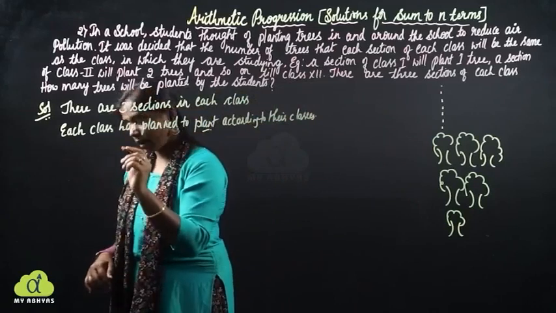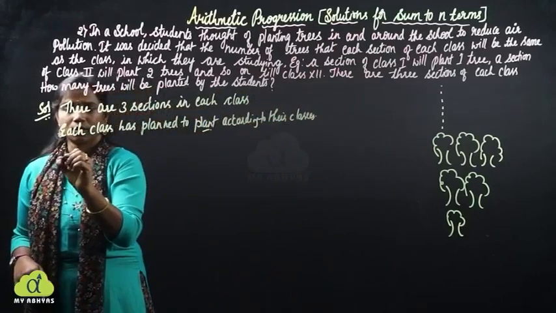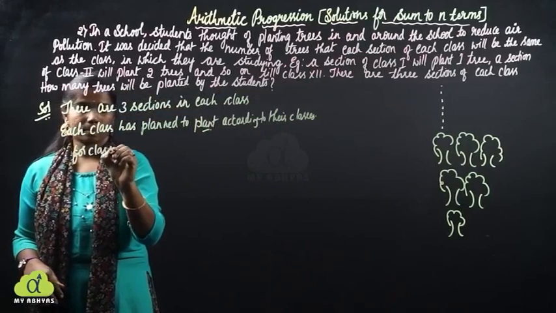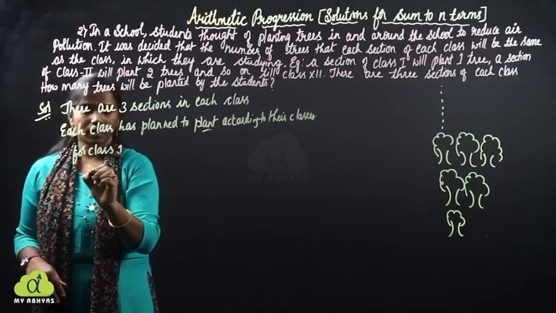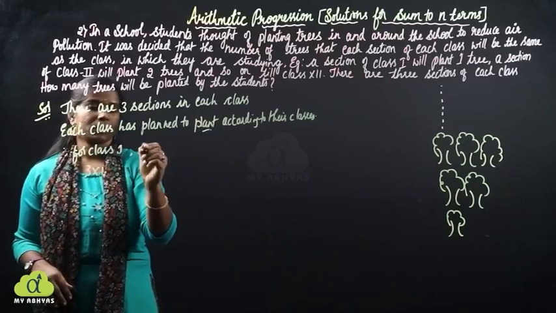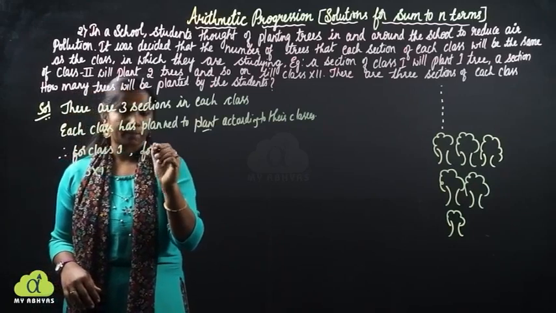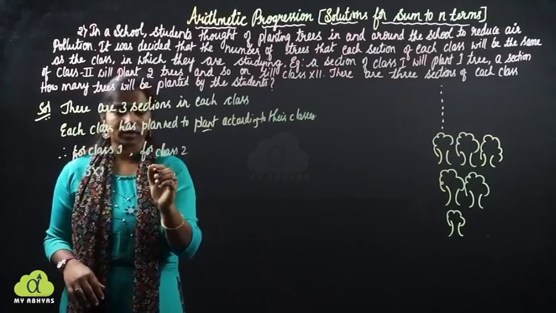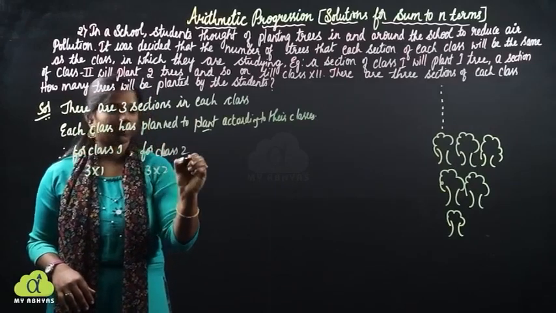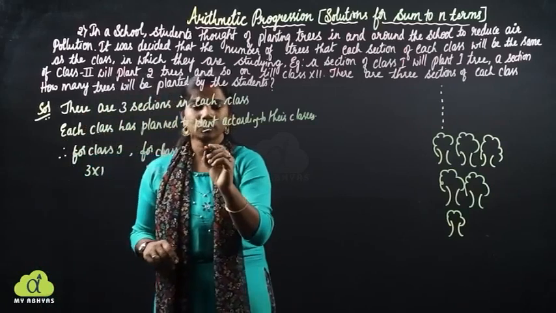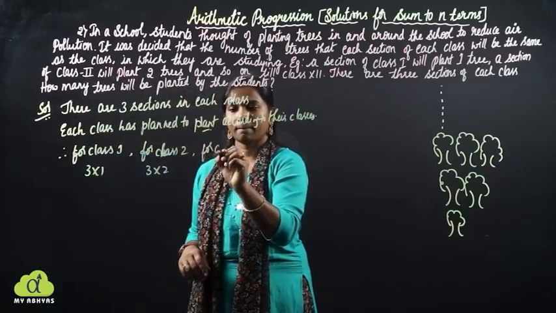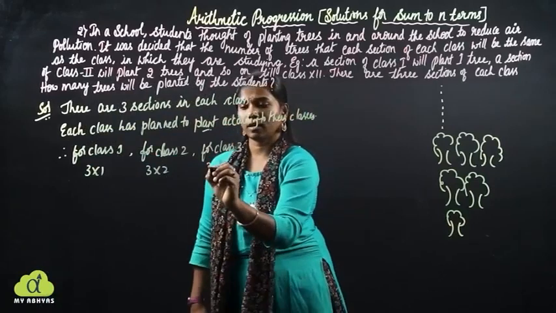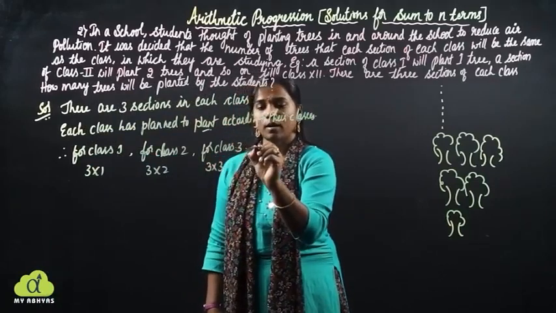Therefore, for class 1, it is 3 into 1. For class 2, it is 3 into 2. Next for class 3, it is 3 into 3, and so on.